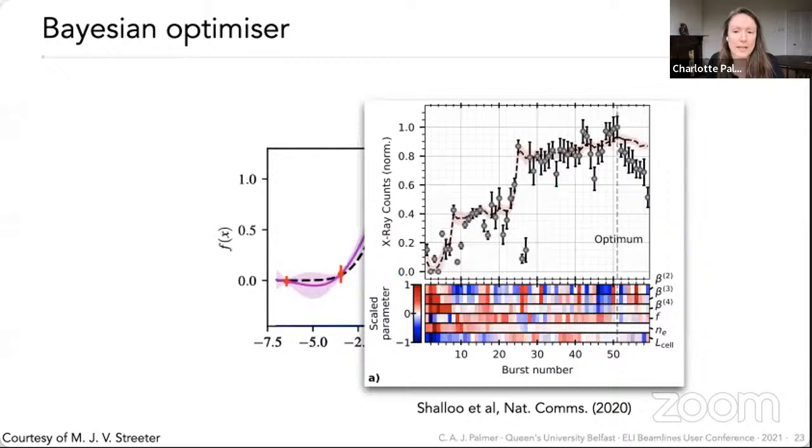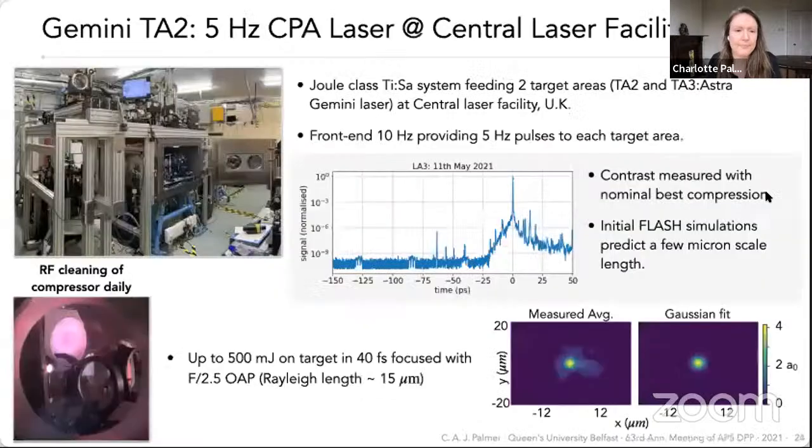If you look back at the Chalou plot, you might see that towards the end, the data points are actually dropping down in the number of X-ray counts per burst. But this red line, which represents the predicted optimum, is staying high. So we're just exploring the parameter space more and dropping down the uncertainties, but not finding a better optimum.